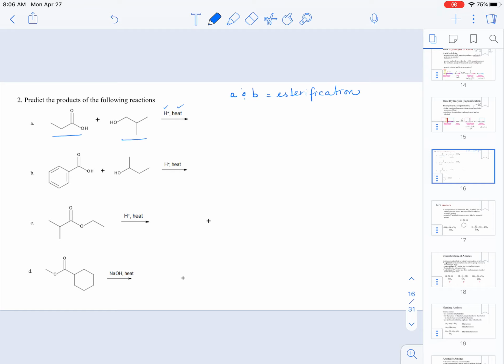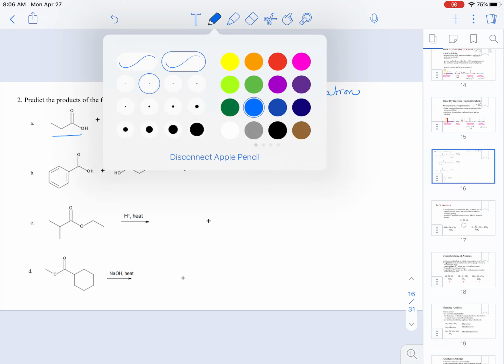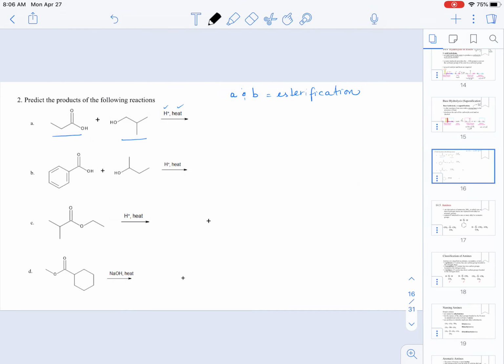As you can see, we have a carboxylic acid and an alcohol also on letter B, and we have it in acid and heat. Remember, I'm going to highlight the atoms. Whenever we are esterifying, making an ester, so I should specify we're making an ester.